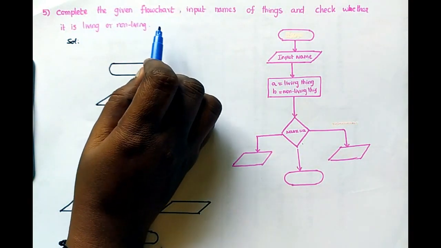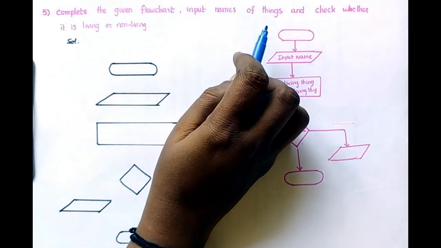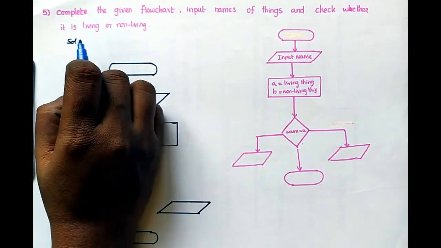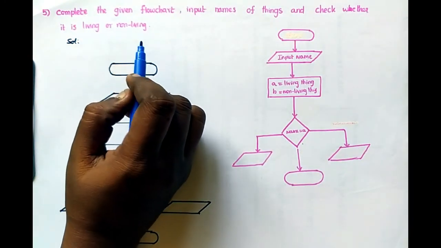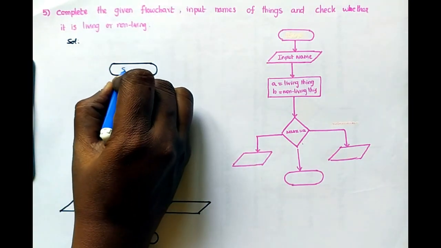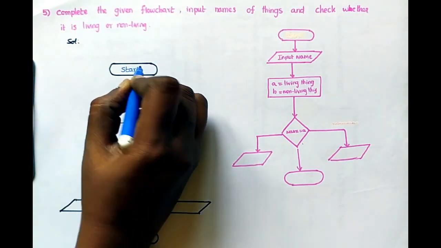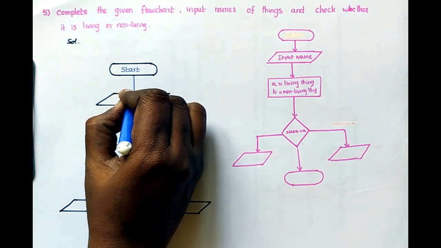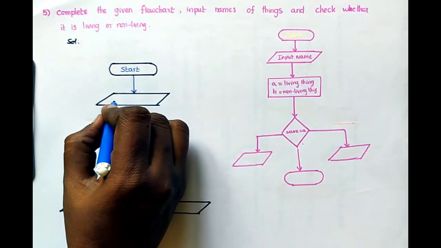Fifth question. Complete the given flowchart. Input names of things and check whether it is living or non-living. Listen, first one, start. Input name.